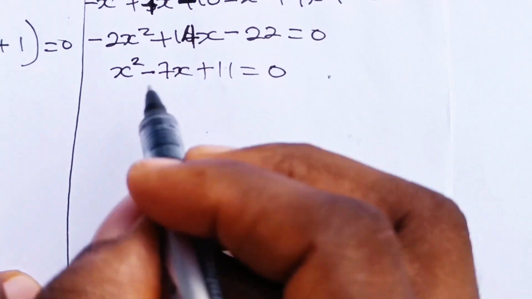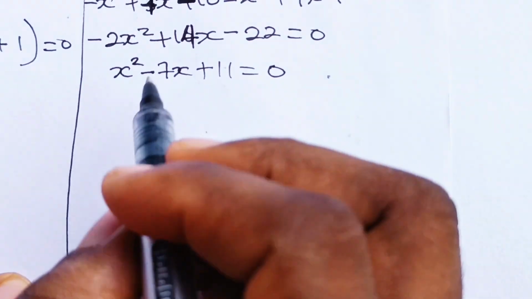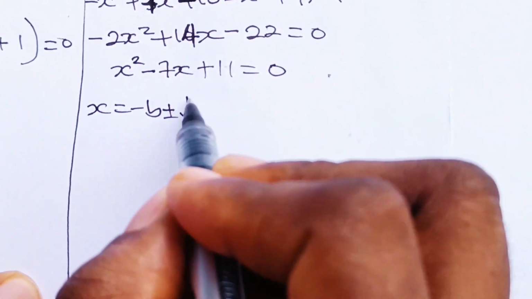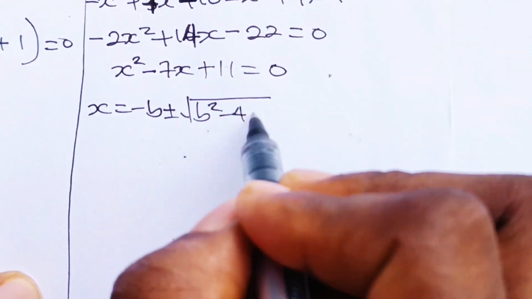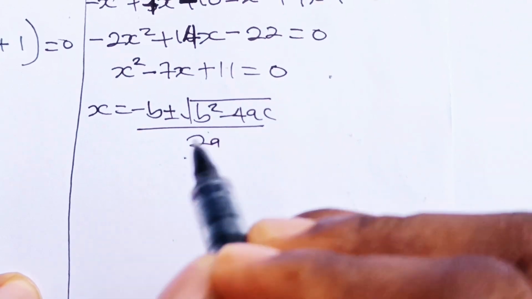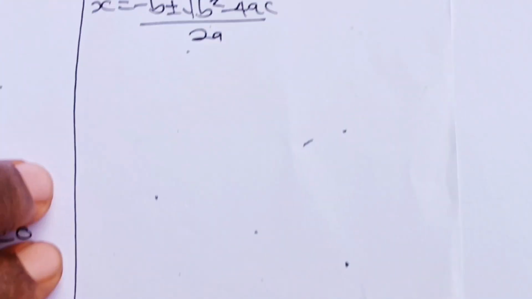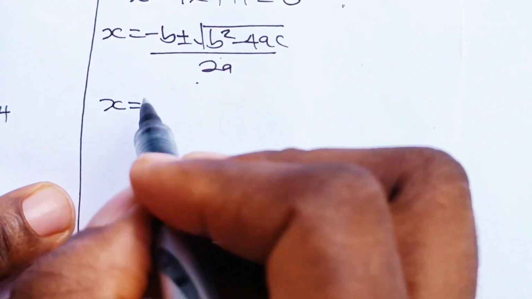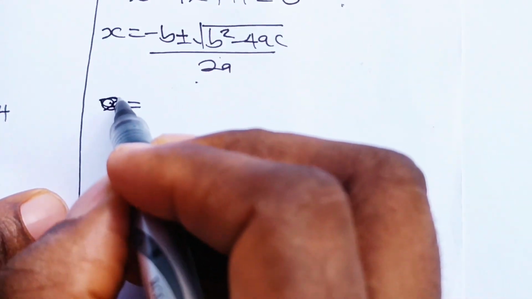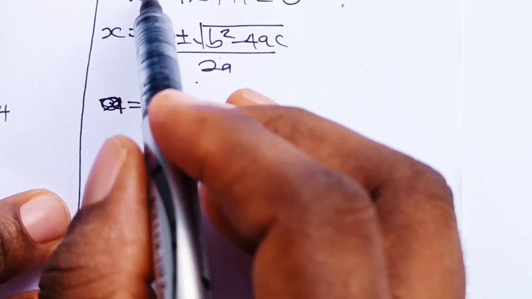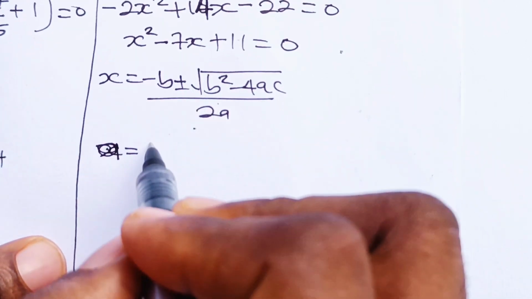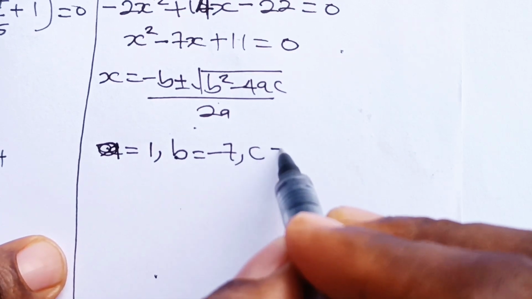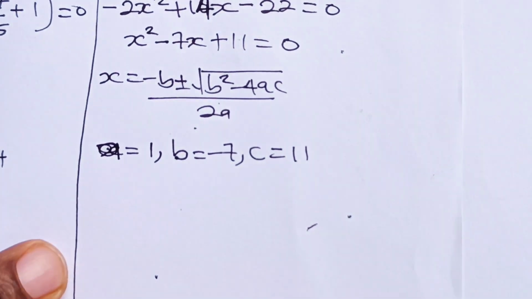Now, we are going to make use of the quadratic equation formula, which states that x is equal to minus b plus or minus square root of b squared minus 4ac, everything divided by 2a. So now for here, our a is equal to 1, that is the coefficient of x squared. Our b is the coefficient of x, which is minus 7, while our c is equal to 11.